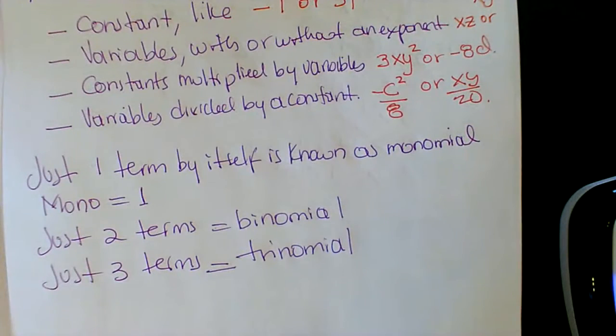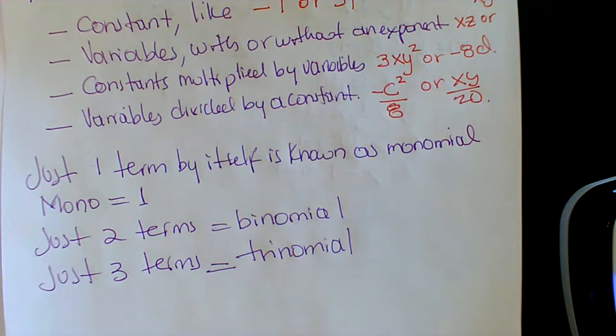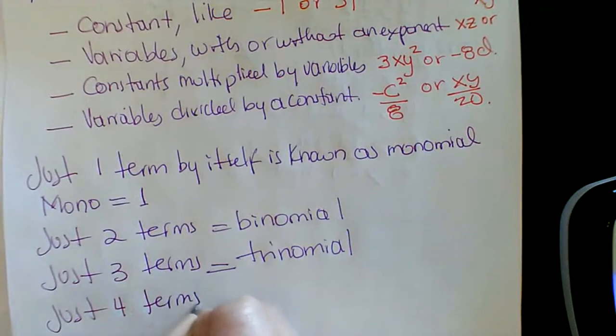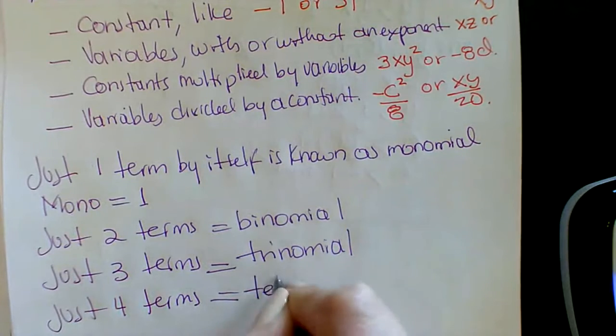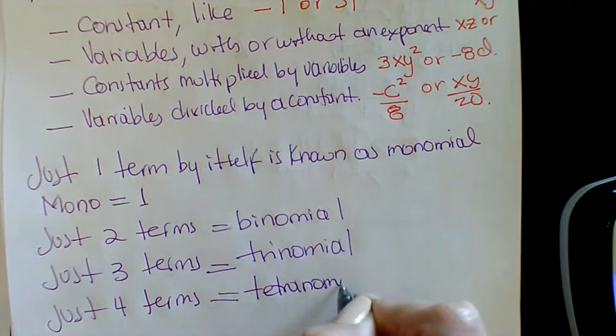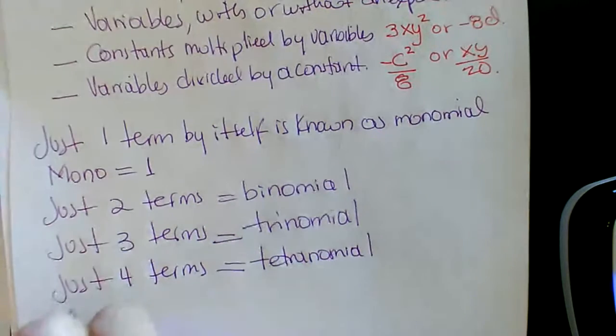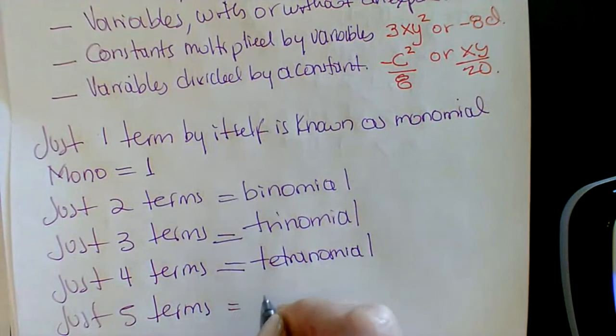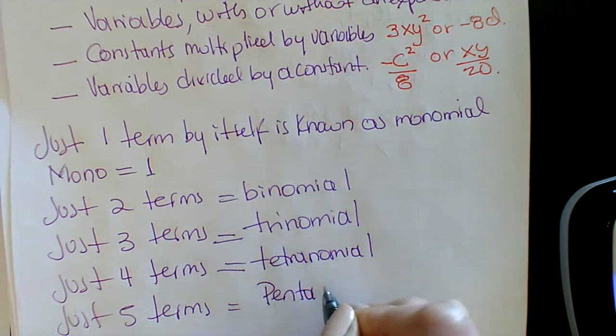And four terms, we call it tetranomial. Okay. Oh, five terms is going to be called what? Washington, D.C., okay?